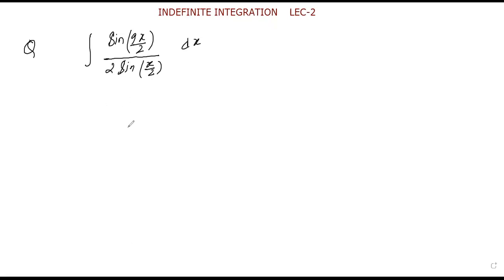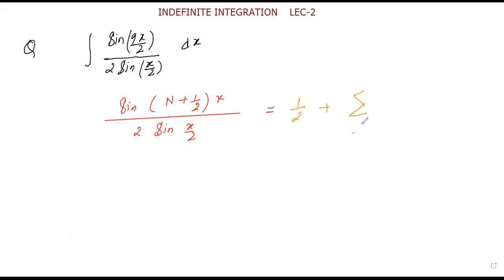As we know, sine of n plus 1 divided by 2 into x, upon 2 sine x by 2, is basically equal to half plus sigma i equals 1 to capital N cos of ix.